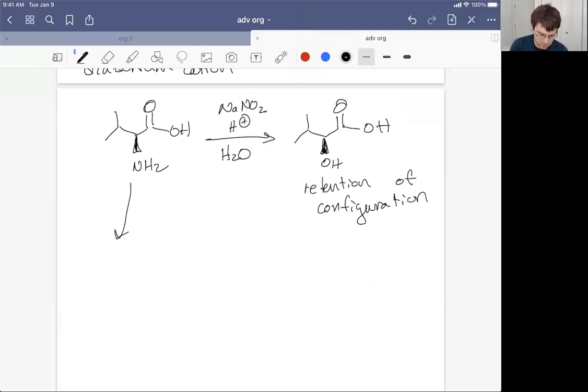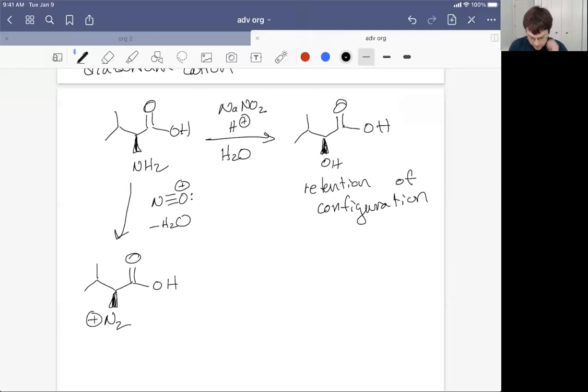Well, we're first going to treat this with our nitrogen activating group, which is generated by sodium nitrite and H+, and the mechanism shown above. And then we're going to lose water. Now, what that gets us is our diazonium cation. I'm just going to write N2 with a positive charge.